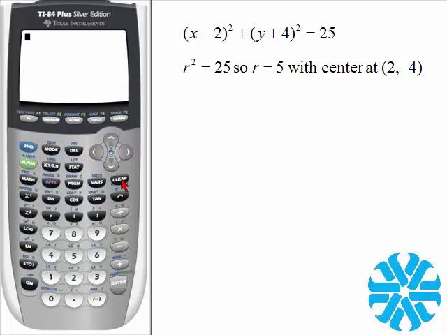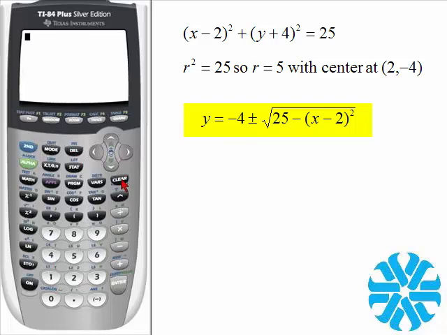Now solving for y, you end up with the equation y equals -4 plus or minus the square root of 25 subtract the quantity x minus 2 squared.